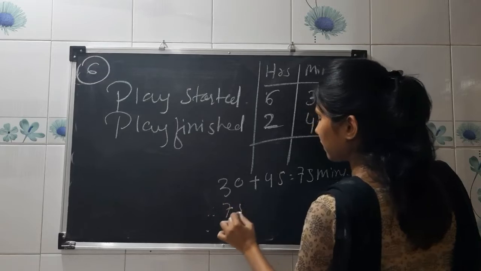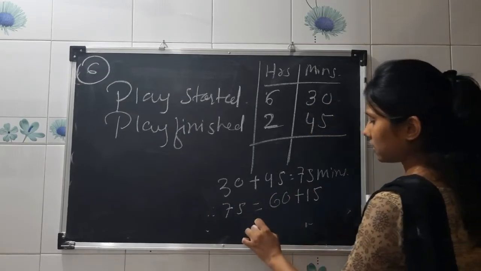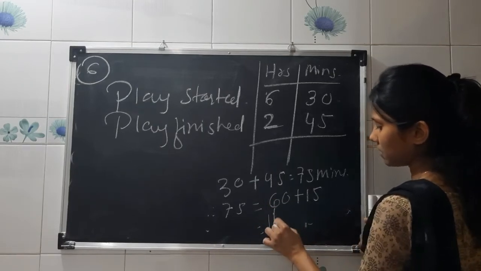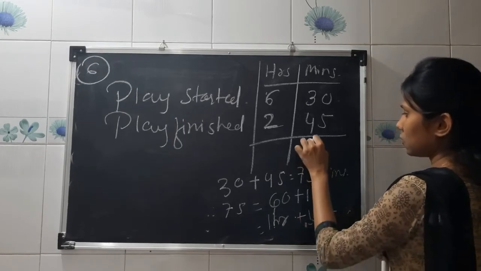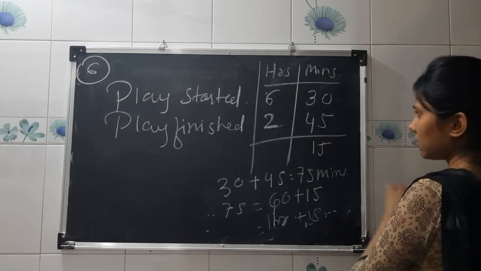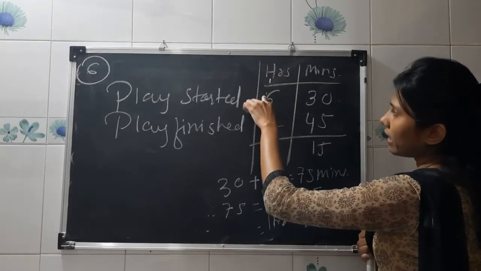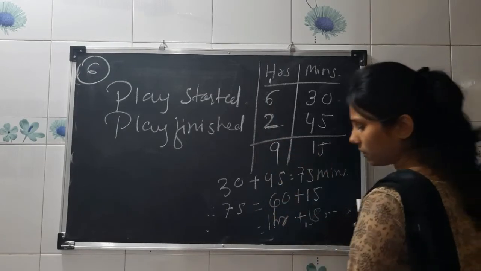Therefore 75 minutes means 60 minutes plus 15 minutes. 60 minutes is equal to 1 hour. So 1 hour and 15 minutes. So we will write this 15 minutes here, take this 1 hour here and add this. So 1, 7, 9.